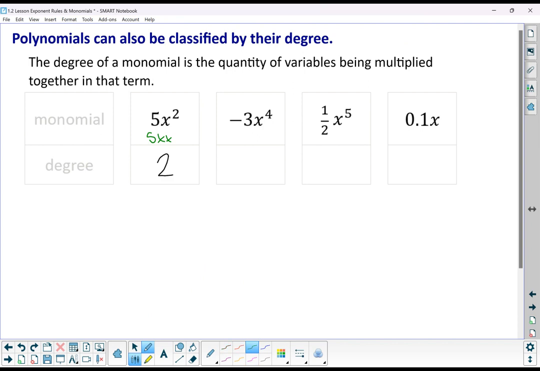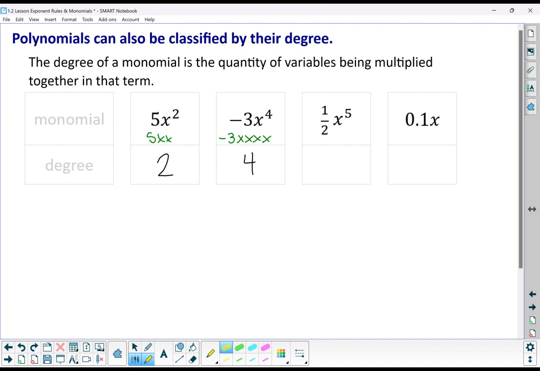My next monomial is negative 3x to the 4th. So that's a negative 3 multiplied by x times x times x times x. And so you can see that there are 4 variables there. So this is degree 4.